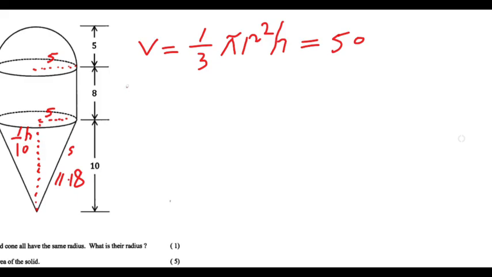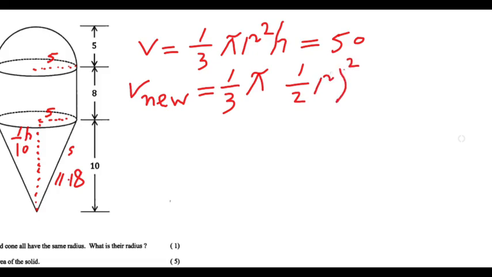So the new volume must be 1 over 3 π, and the radius must be, they say half, so it must be 1 over 2 radius squared. The radius must be half and the height must be tripled, so 3h.